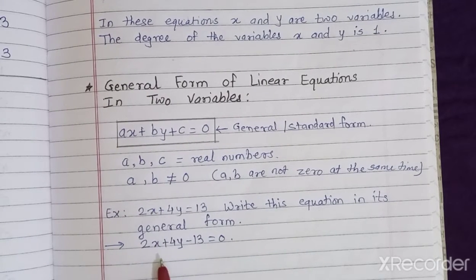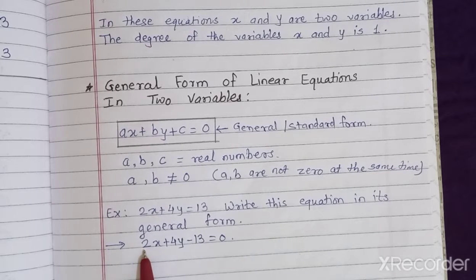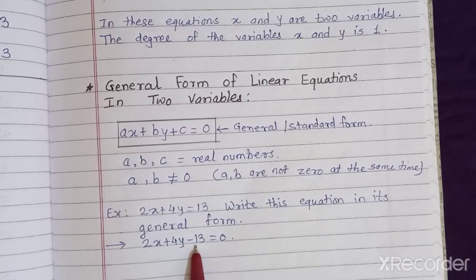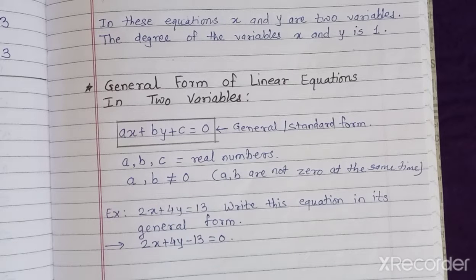You have to write it in the general form. So how can it be written in the general form? It is 2x plus 4y, and this 13 taken to the left hand side will be minus 13, which is equal to 0.